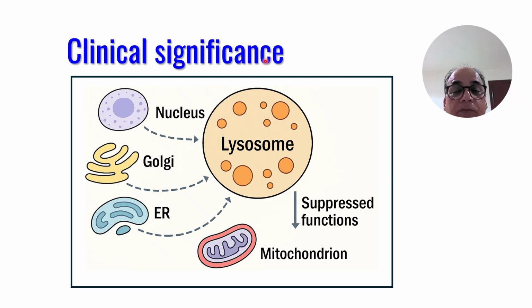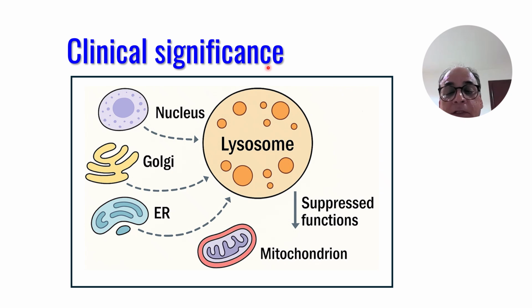Clinically, the topic is very important because a defect in the targeting of lysosomal proteins or enzymes causes diseases which are known as lysosomal storage diseases. Consequently, lysosomes accumulate biological wastes leading to their enlargement and disruption of other cellular organelle function.